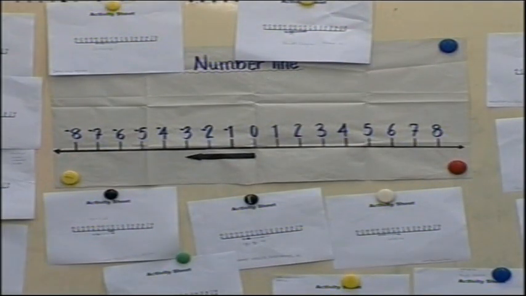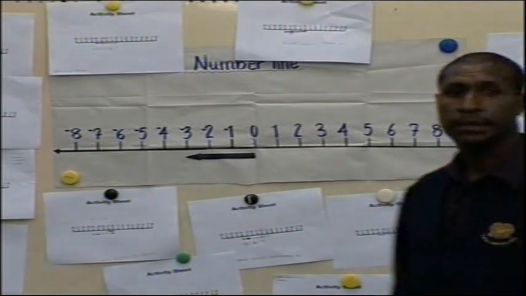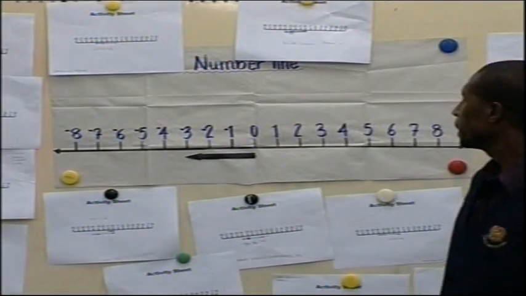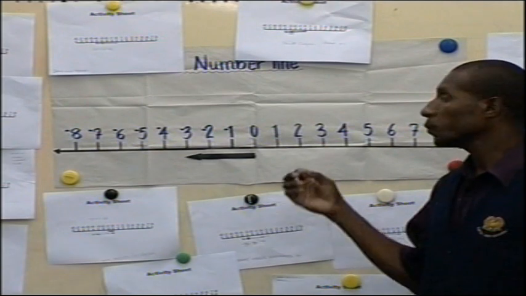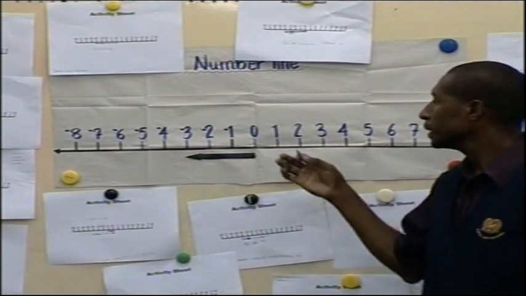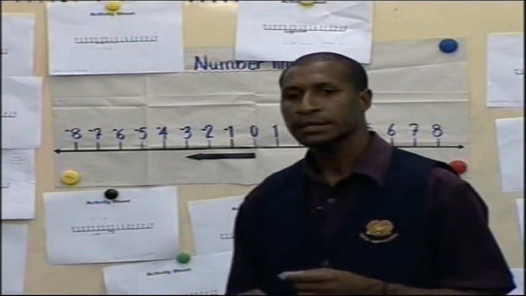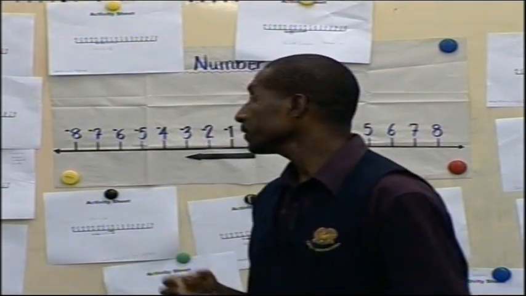And what is our next second digit? -1. Now where will we start from? From -3.